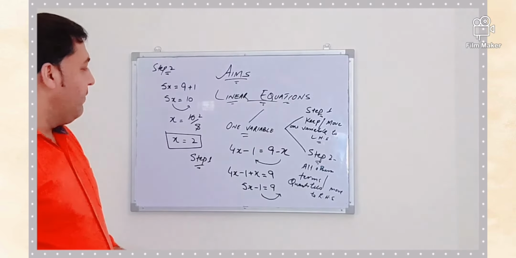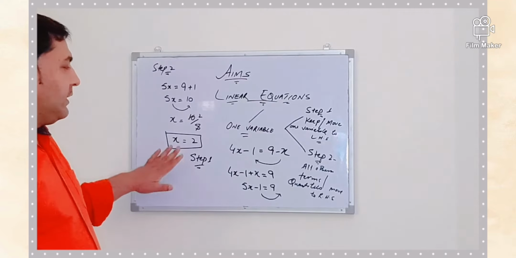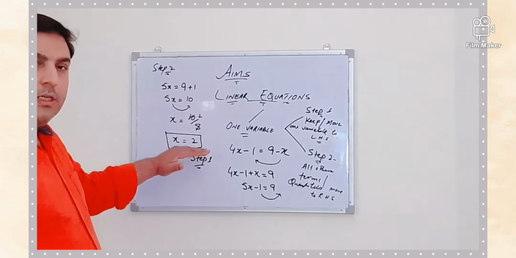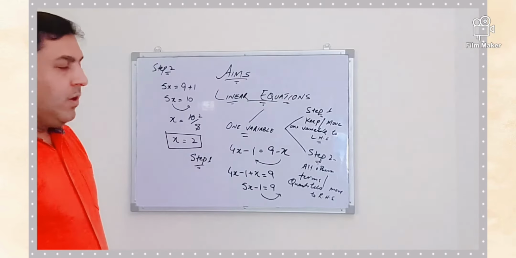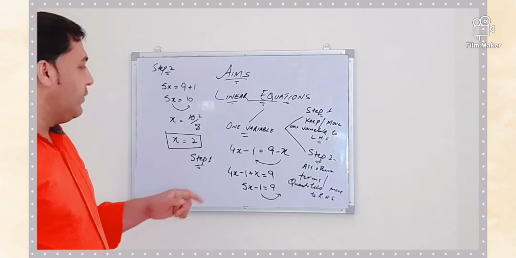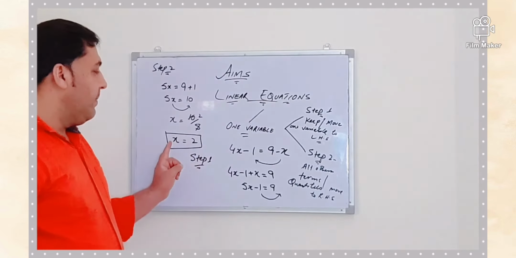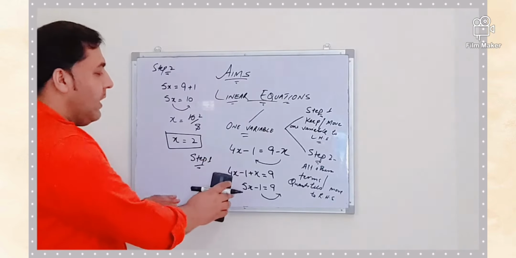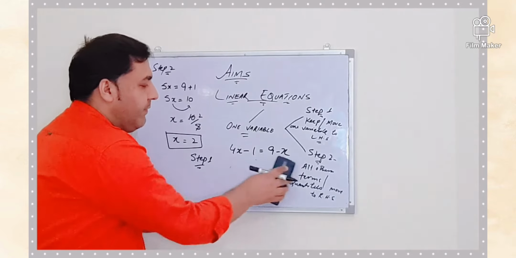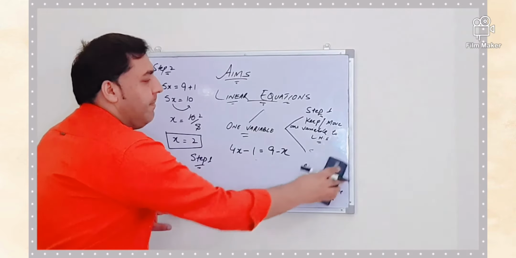Let us verify. We have received the solution x equal to 2. The question's solution ends here, but for our satisfaction and assurance, we can check whether we have received the correct answer.